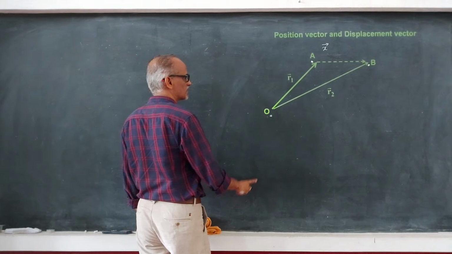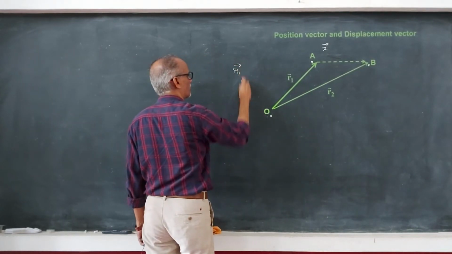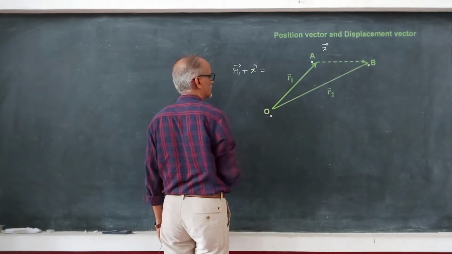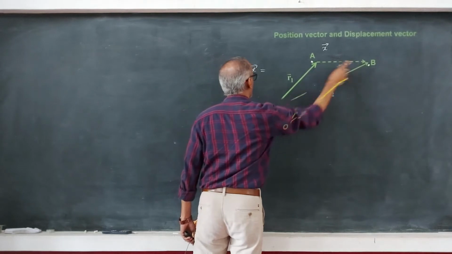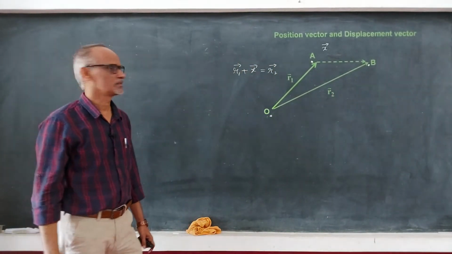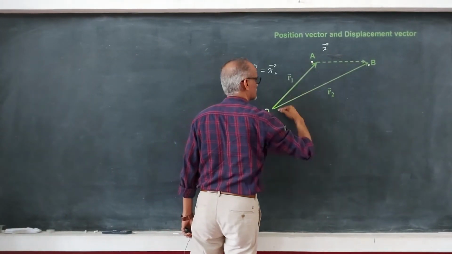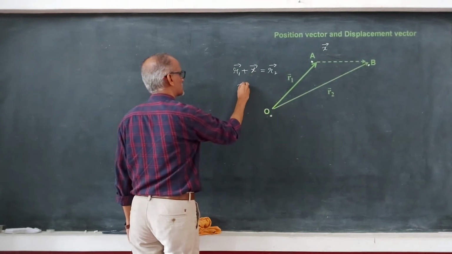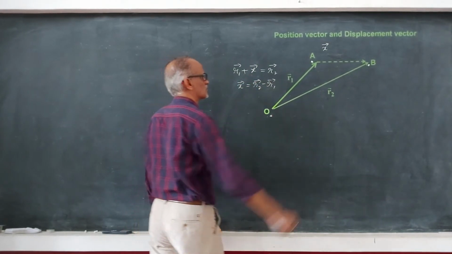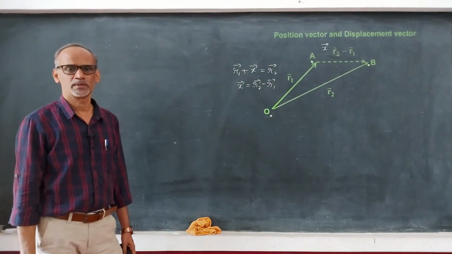Now I can use vector addition: vector R1 plus x is equal to vector R2. This is from the triangle law of vector addition, where I take a vector and add it with this vector, and this will be the resultant. So from this, what is x? This x is equal to R2 minus R1. So the displacement vector will be R2 minus R1.